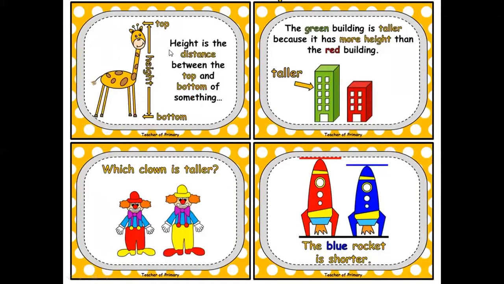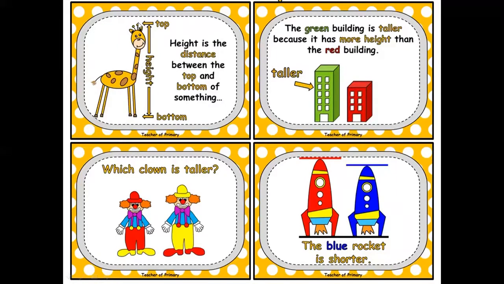First of all, let's learn with a picture what the height of an object is, because we will differentiate objects according to their height, which one is short and which one is tall. Height is the distance from the top to the bottom of something.